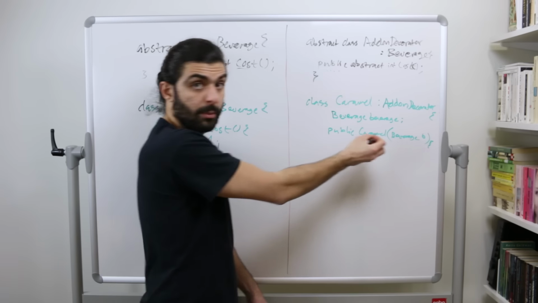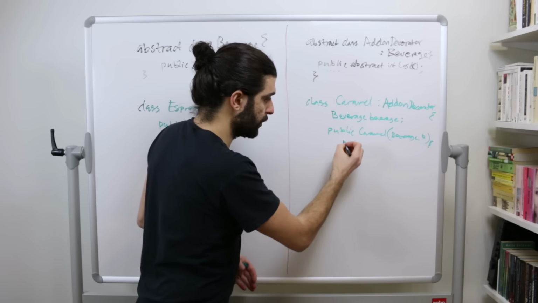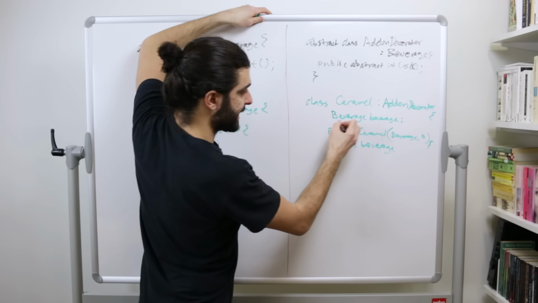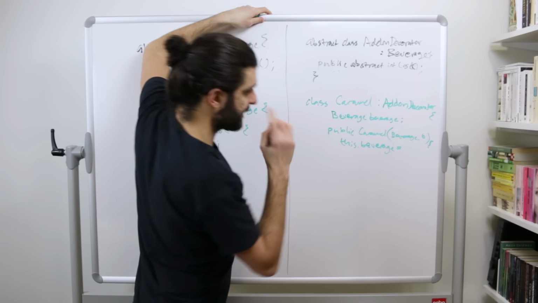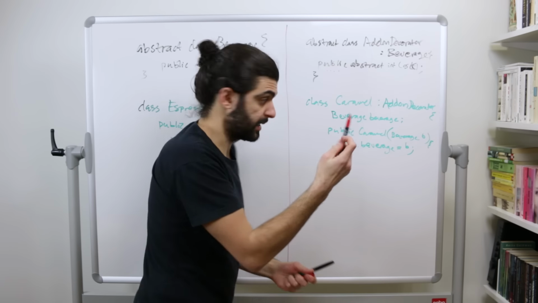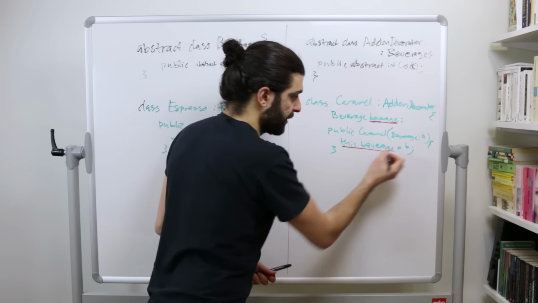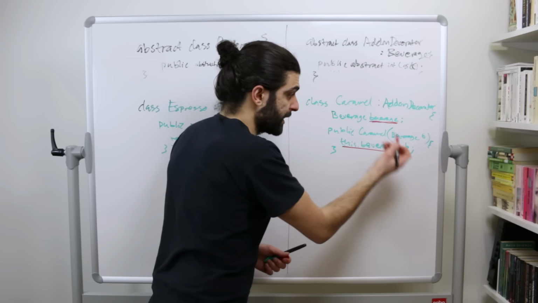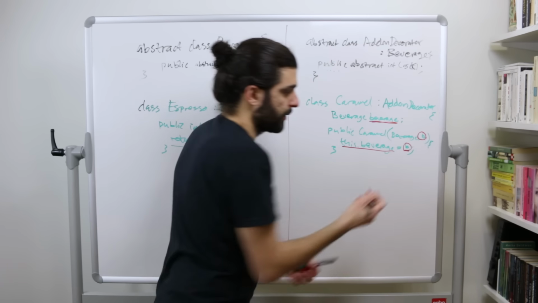Then in the body of the constructor of the caramel decorator, we say this dot beverage, in other words, this instance variable beverage, and assign it the value B, and close the constructor. B is what was passed in through the constructor.